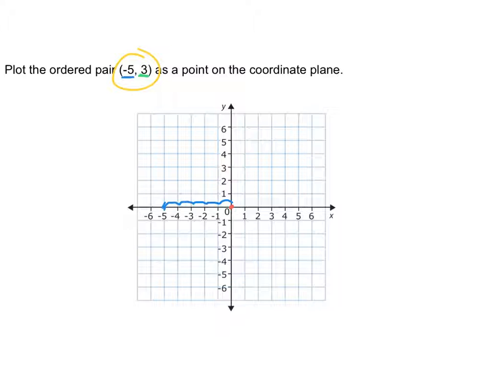Then the +3 for the y coordinate tells us to go up: 1, 2, 3. That spot is where we put our point. This spot right here is (-5, 3). We only need that last yellow point. We don't need the spot where we stopped at the blue. We only need the yellow. This point right here is where we want to stop.